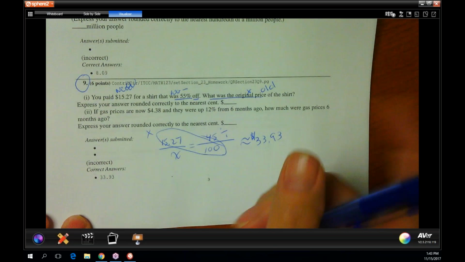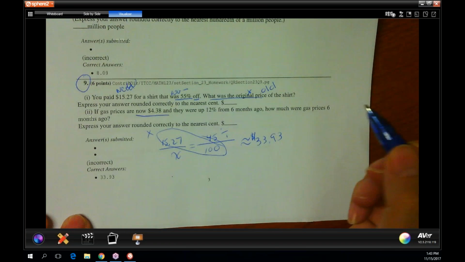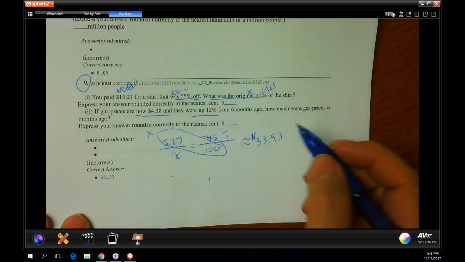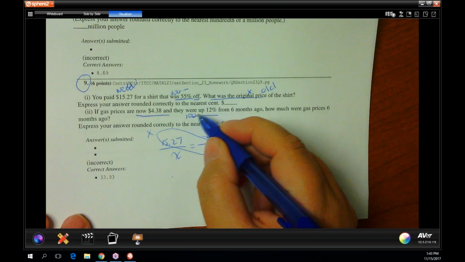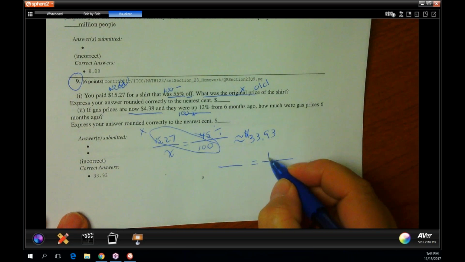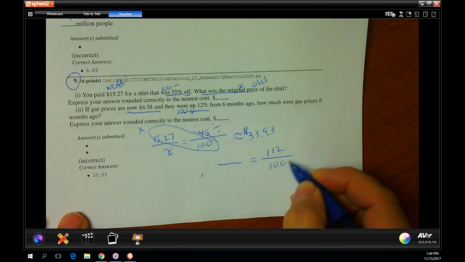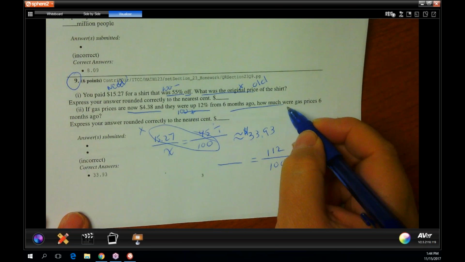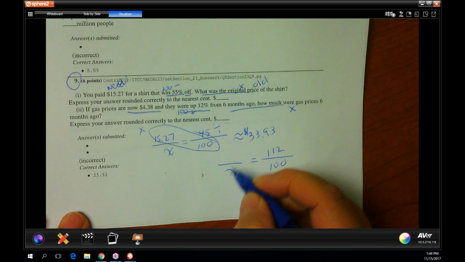Okay. If gas prices are now $4.38 and they were up 12%, so that's a 100 plus. So that's 112. 6 months ago is our old.